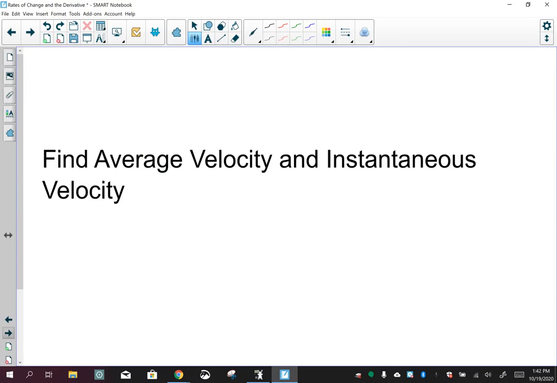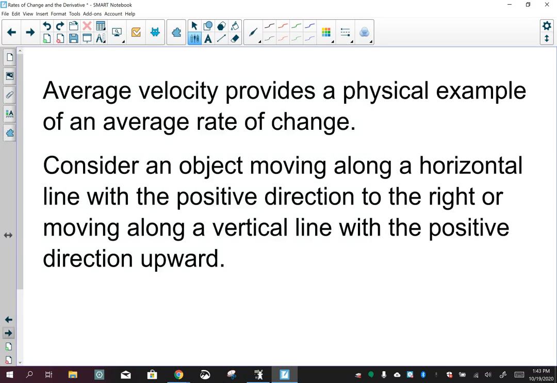All right. We're going to move on to average velocity and instantaneous rate of change. Average velocity provides a physical example of an average rate of change. Consider an object moving along a horizontal line with a positive direction to the right, or moving along a vertical line with a positive direction going upward.